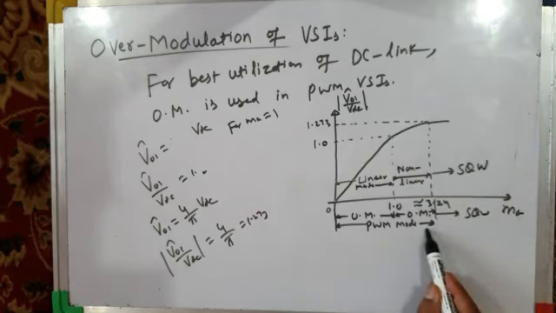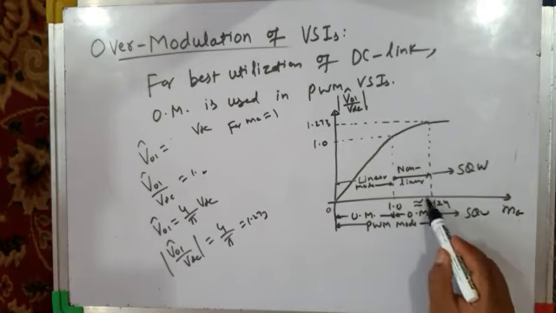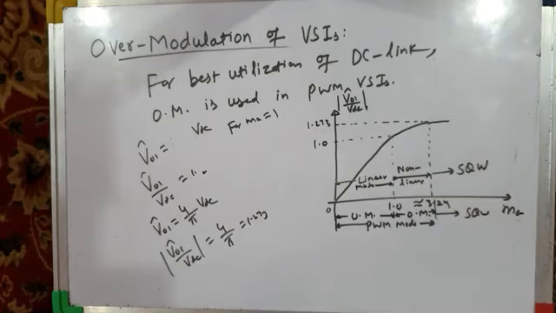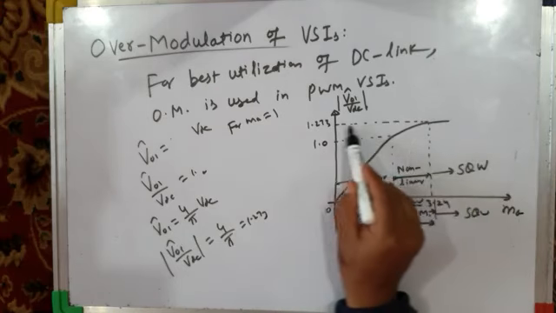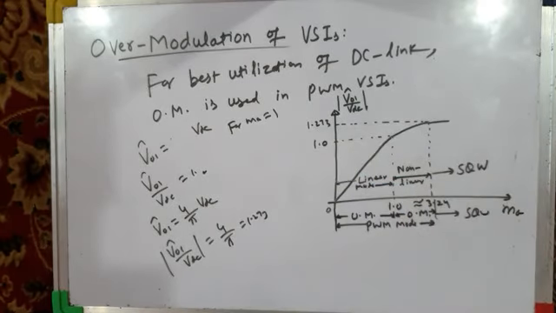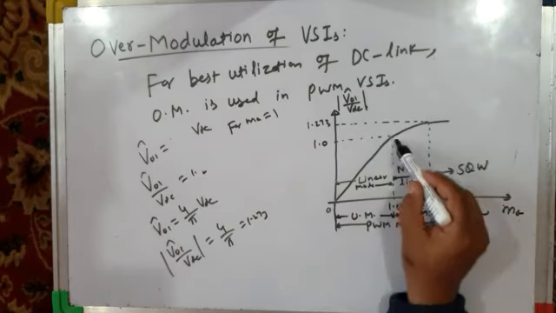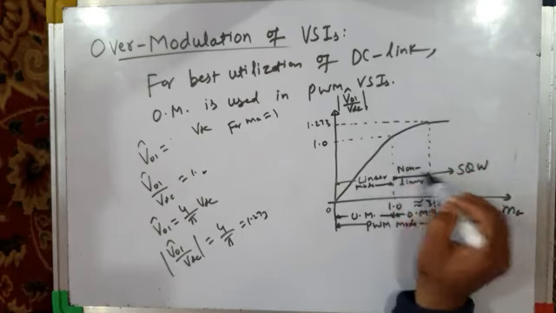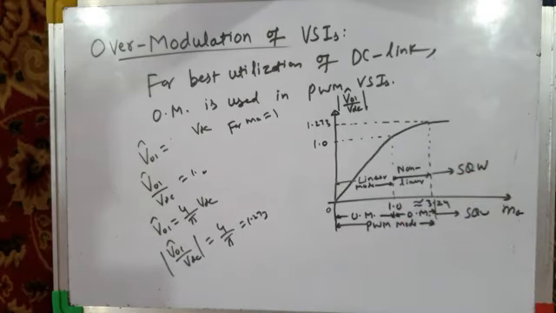This is PWM mode of operation, and then for a fairly high modulation index, say around 3.24, 3.25, your inverter degenerates into square wave mode of operation, and it gives maximum output voltage of 1.273 per unit. This is how your inverter behaves in a non-linear fashion in over modulation mode of operation.